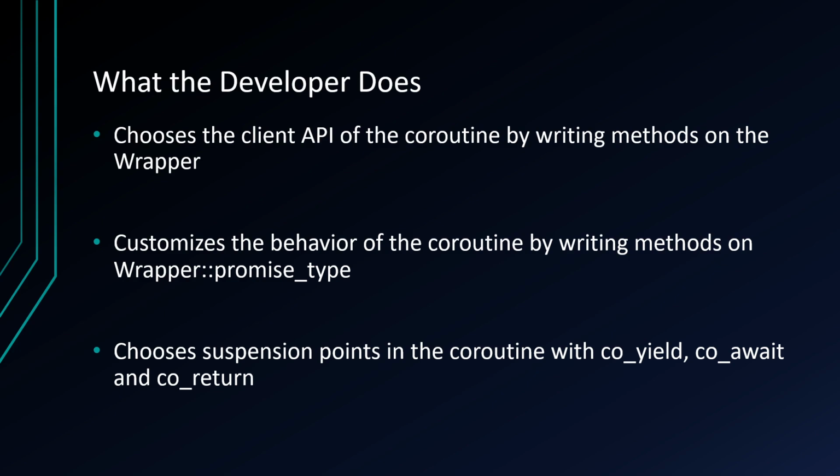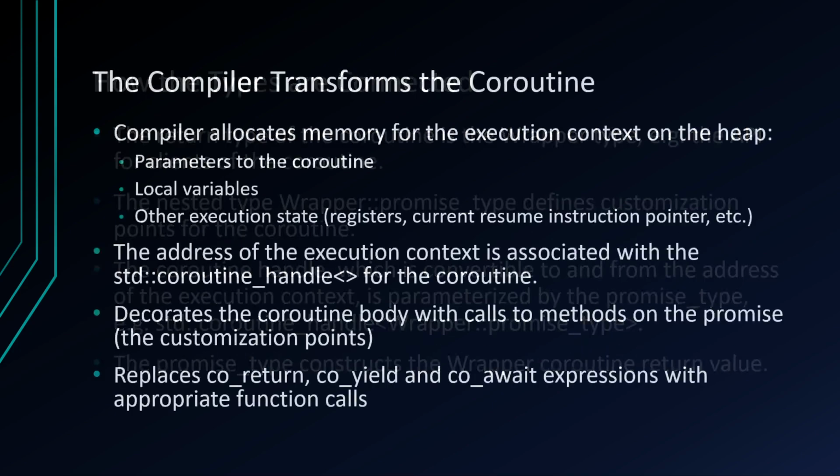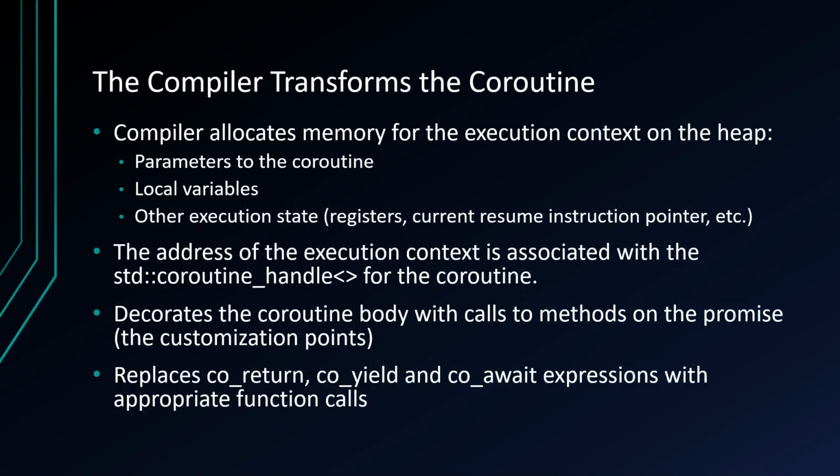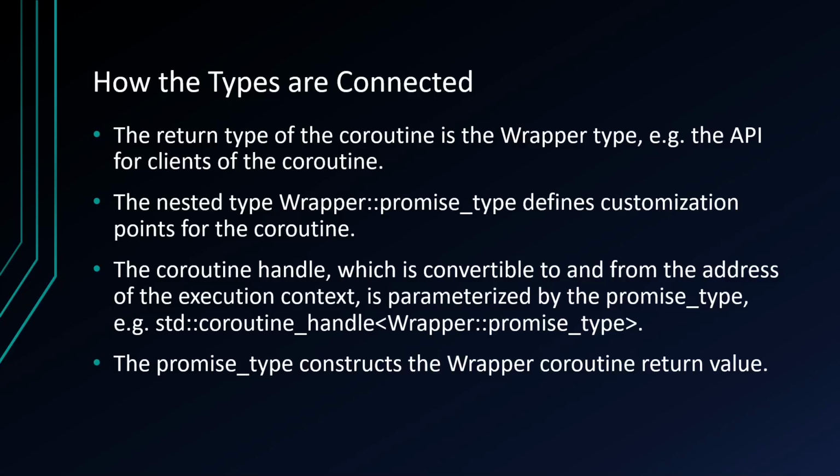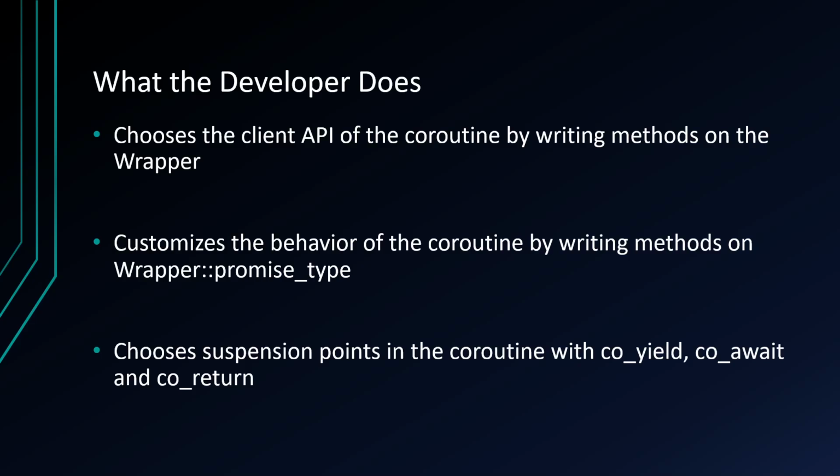So that's what the compiler does. It's allocating this chunk of memory on the heap for the execution context. It's transforming the body of your coroutine to change these keywords into function calls, and it's connecting things up from these different types. And what you do as a developer is you get to choose the client API of the coroutine by writing methods on the wrapper.